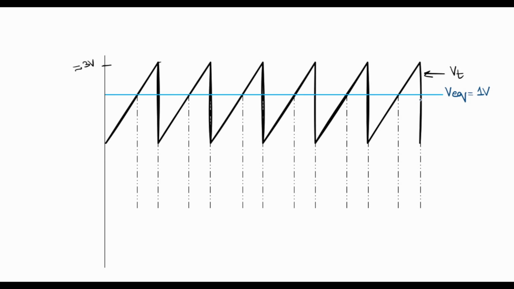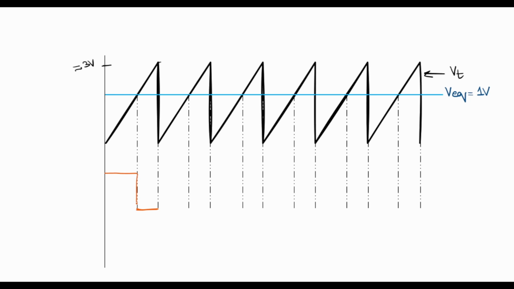So this sawtooth waveform is compared with the error signal and generates a PWM output. Wherever this sawtooth voltage is less than the error voltage, the controller outputs a positive pulse. So in this range, there is a positive pulse here. And wherever the sawtooth waveform amplitude is higher than the error signal, it outputs a 0.